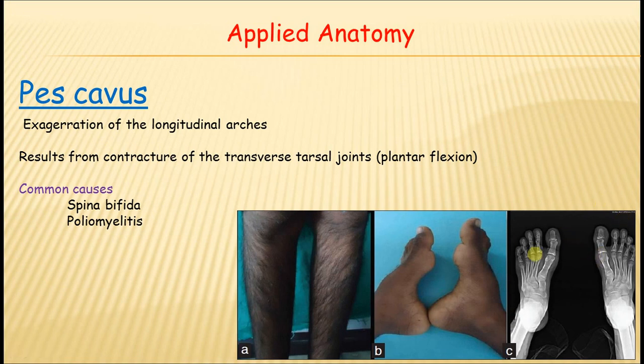So the first toe will be deviated and the metatarsal will be abducted. This is called Hallux Valgus, and you can see a bunion developing here in this projected area. That is about the Hallux Valgus.